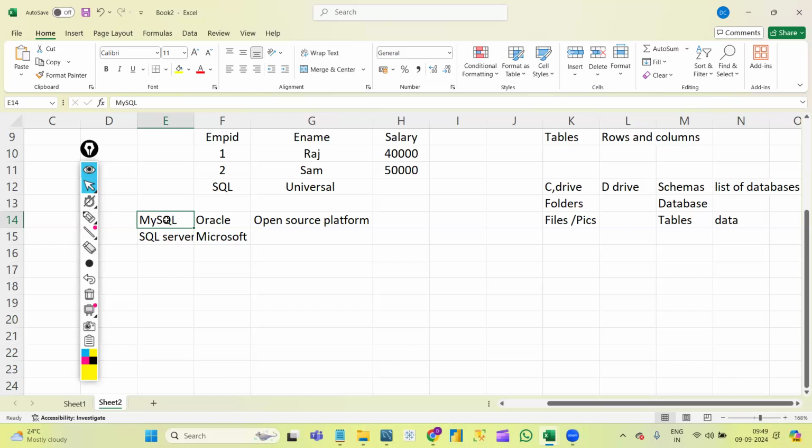If any startup or MNC wants to maintain their database in the MySQL tool, there is no need to make any payment to Oracle. They will freely get the MySQL tool and use it to store their data. Whereas for SQL Server, companies need to pay some amount to Microsoft. Previously, we had one more tool from Oracle, which we call Oracle SQL.